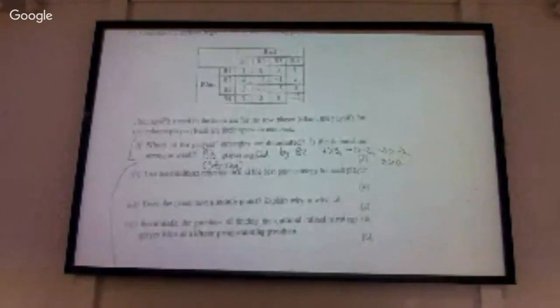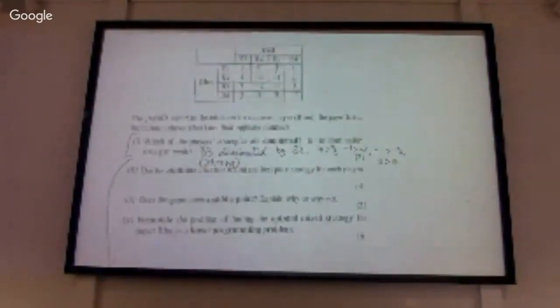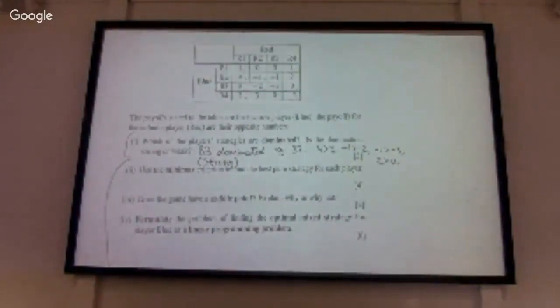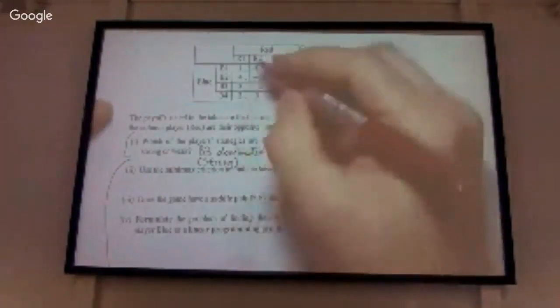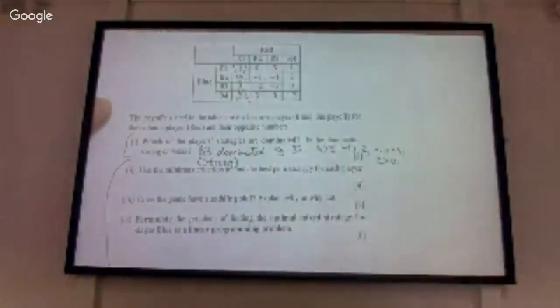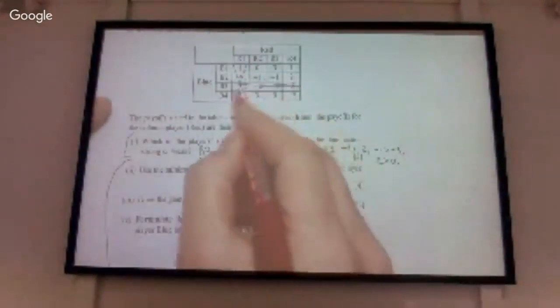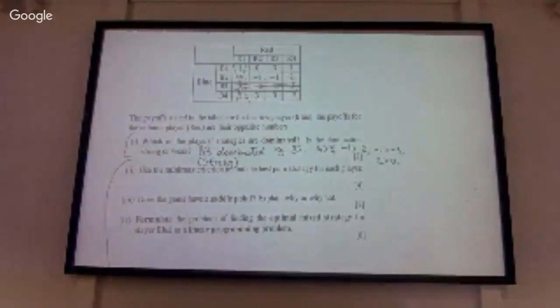Now, Minimax. How does Minimax work? Because R1 is dominated and B3 is dominated, you can just disregard them, but you can still also consider them if you want. Either way is correct.